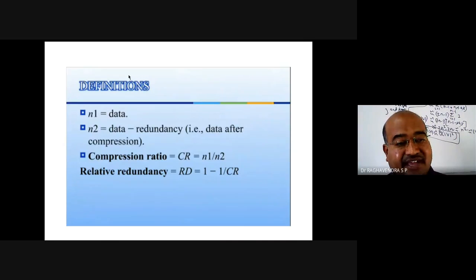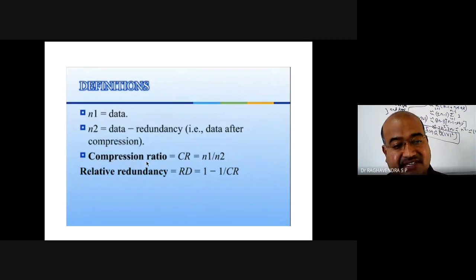Say N1 is equal to data, and N2 is data minus redundancy, okay? If you eliminate the redundant data, that is the data which is not valuable, whatever residue remains, that is N2, which will be of good quality. N2 is the compressed image.